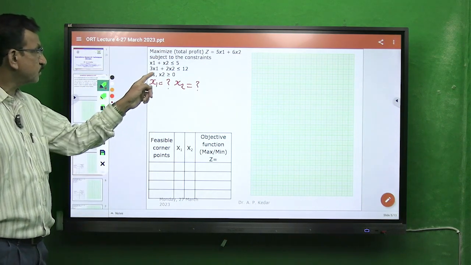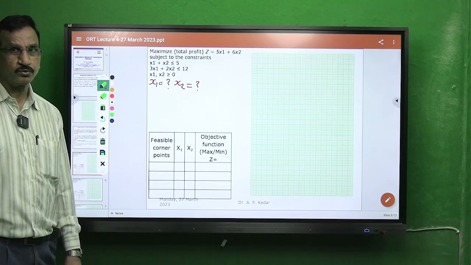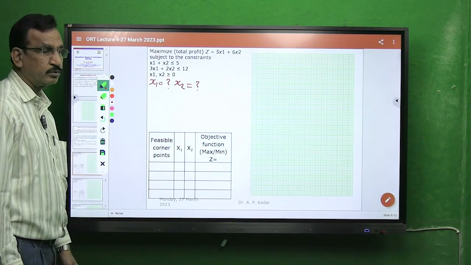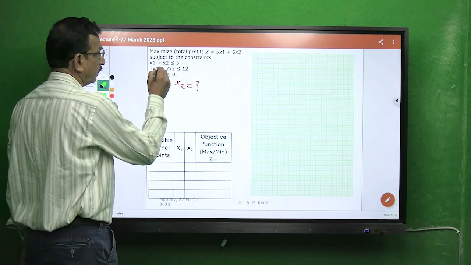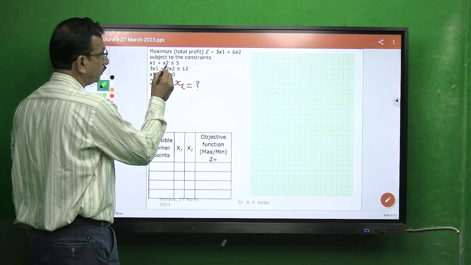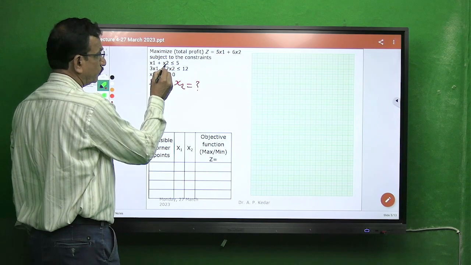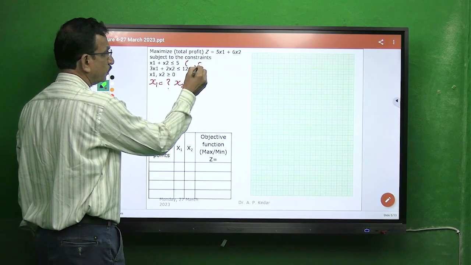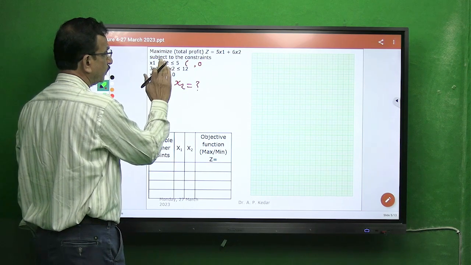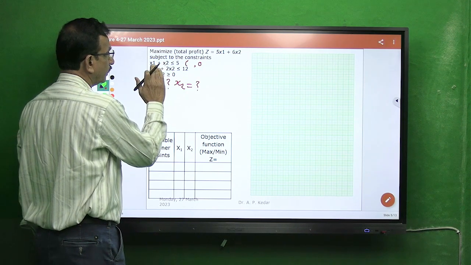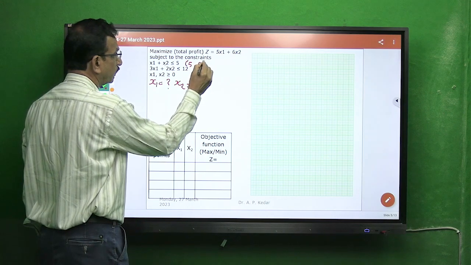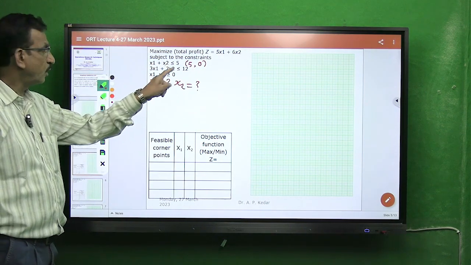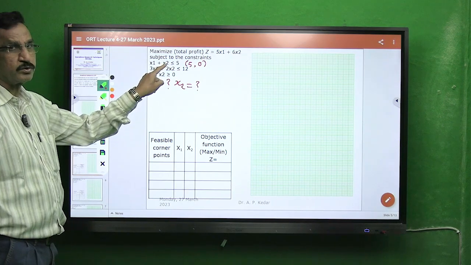Now for the first line, x1 plus x2 less than or equal to 5, for finding two coordinates, listen carefully. Put x2 equal to 0.